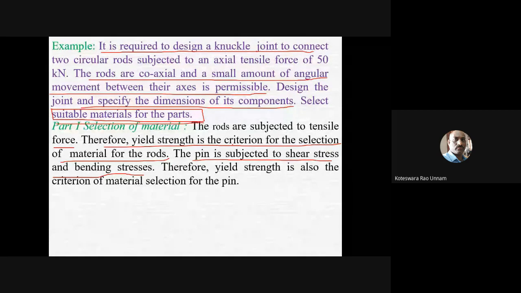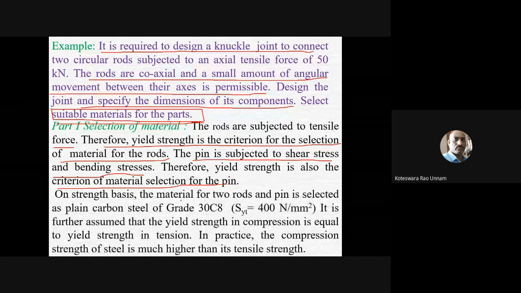You can estimate the diameter of the pin based on either the shear stress criterion or the bending stress criterion. Therefore, yield strength is also the criterion for the material selection for the pin. Then, on the strength basis, the material for the rods and pin is selected as plain carbon steel of grade 30C8. So once you decide your failure criterion is the yield criterion, generally we use steel for this knuckle joint.